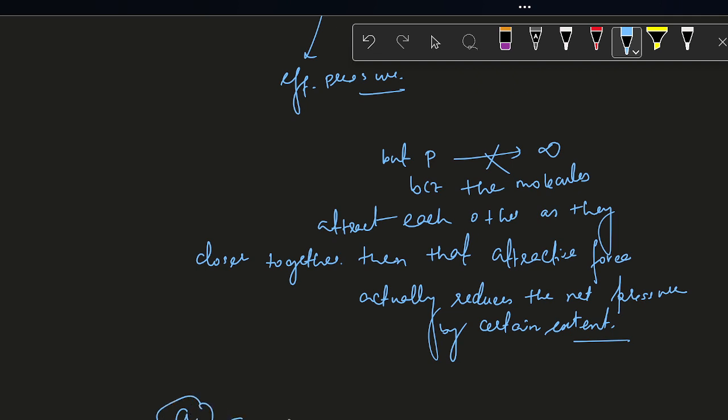So this parameter A denotes the attractive interaction present between the gas molecules in a real or van der Waals gas, and that leads to a decrease in the net pressure.